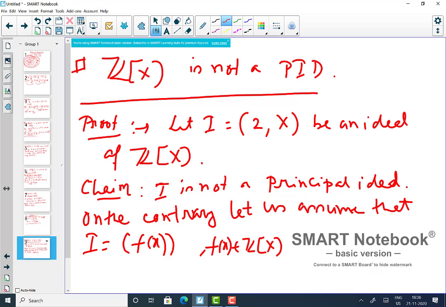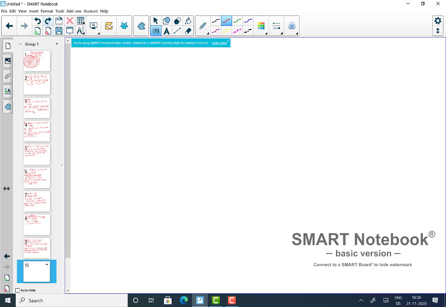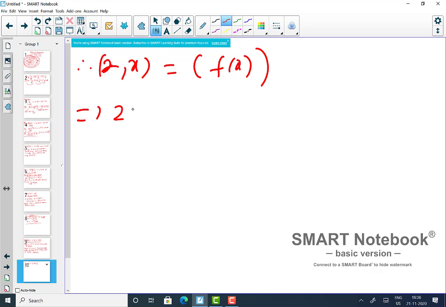So what does that mean? This means the ideal generated by 2 and x is actually generated by f(x), right? See, first of all, 2 belongs to this ideal, so you can easily say that 2 belongs to (f(x)). This is one condition.